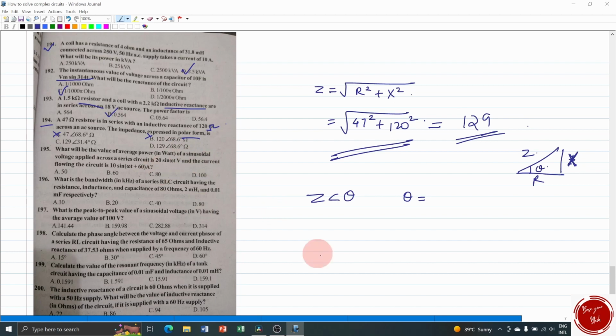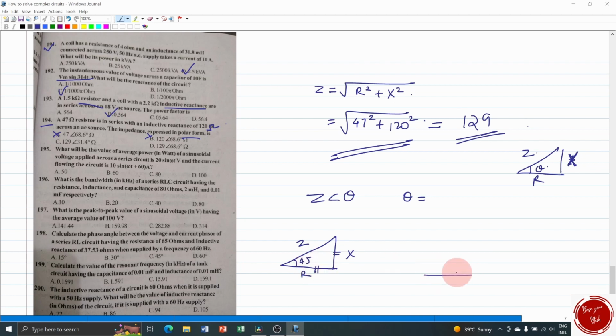Okay, so when I draw this impedance triangle, in this right angle triangle, this theta is going to be 45 degree if R and X are equal. Okay, that is the rule of triangles. If both these perpendicular sides R and X are going to be equal, then we will have a 45 degree.